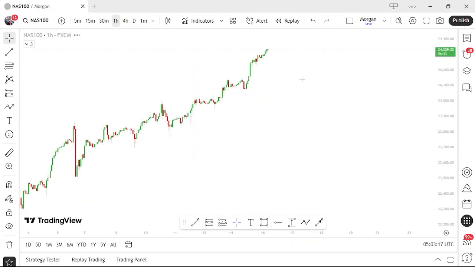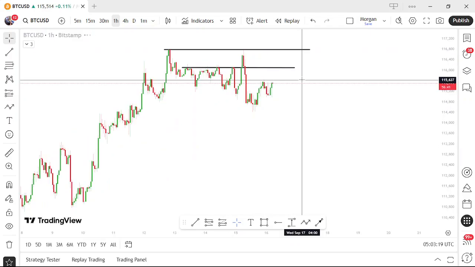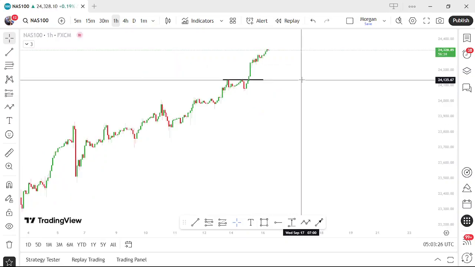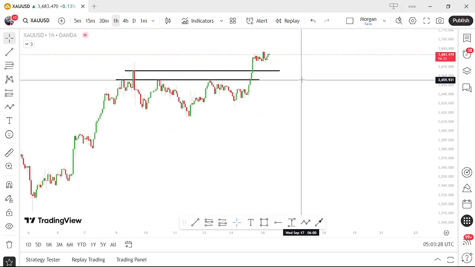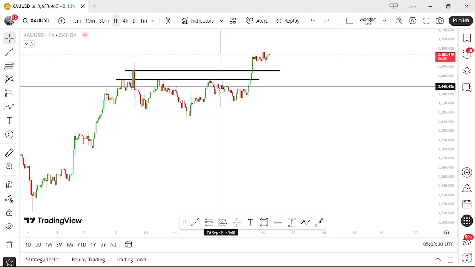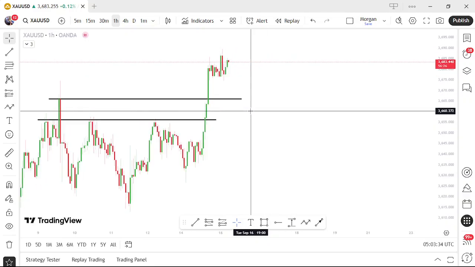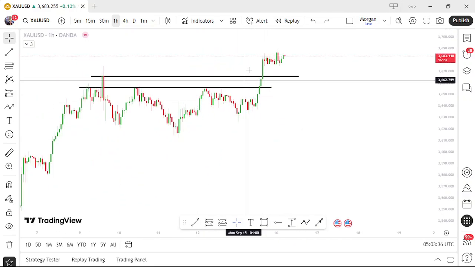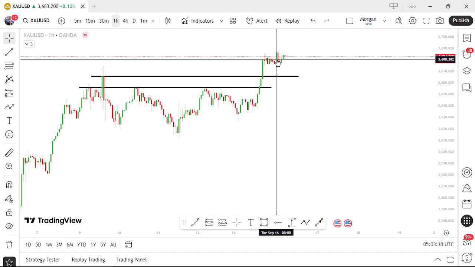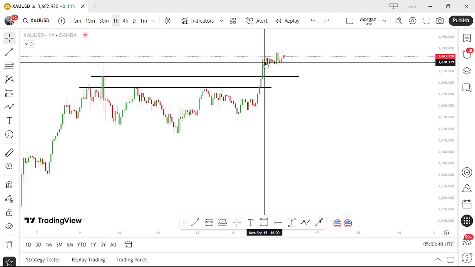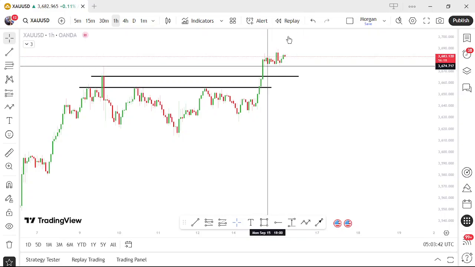In terms of BTC, I don't really trade it like that, but it's a good pair, I guess. I also trade gold, and gold right now is looking good. For gold, we already have a new high, and that's the same thing I'm saying. This new high is our indication.